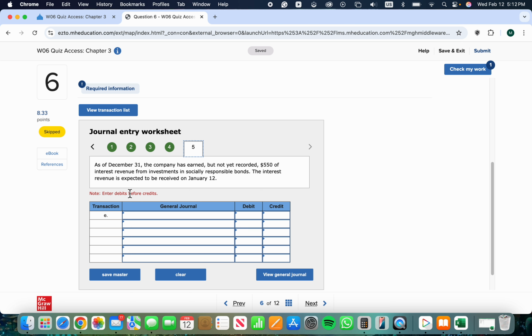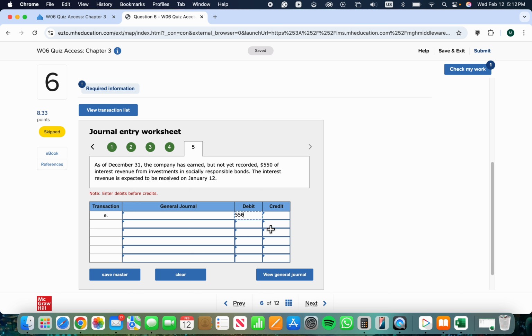And then for our final entry, as of December 31st, the company has earned but not yet recorded $550 of interest revenue from investments in socially responsible bonds. The interest revenue is expected to be received on January 12th. So in this one, we know the exact amount we are going to receive, but we have not yet received it.